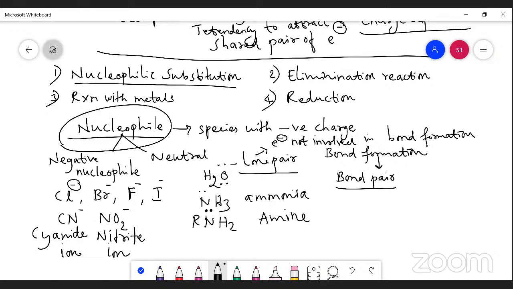For a neutral one it is not possible to predict, but the more electronegative elements carry a lone pair of electrons. So I am clear with the nucleophile. Let us now see what is called a nucleophilic substitution, where the nucleophile is going to attack.